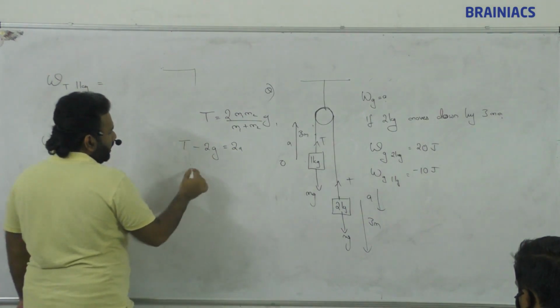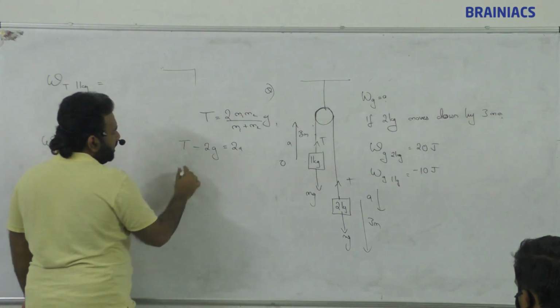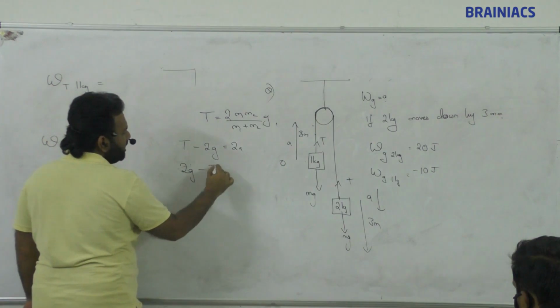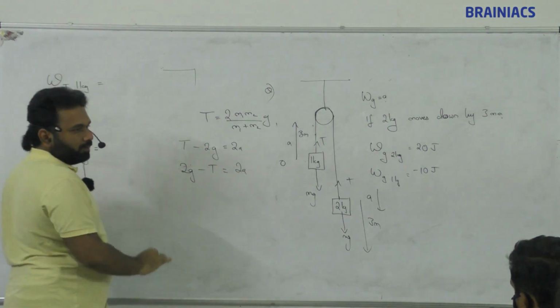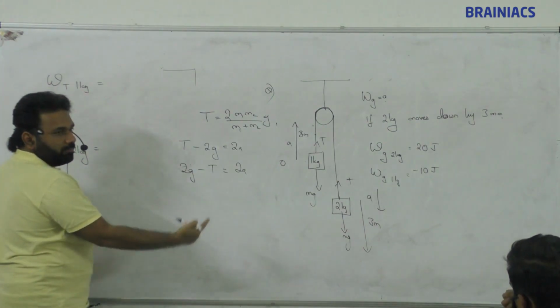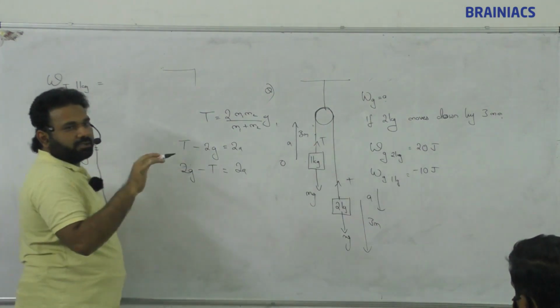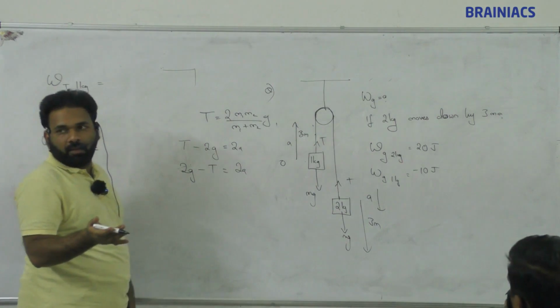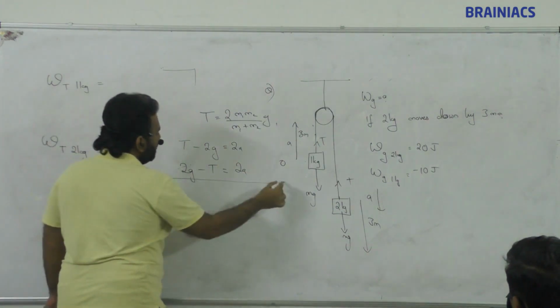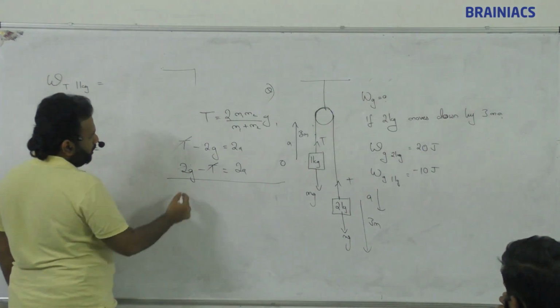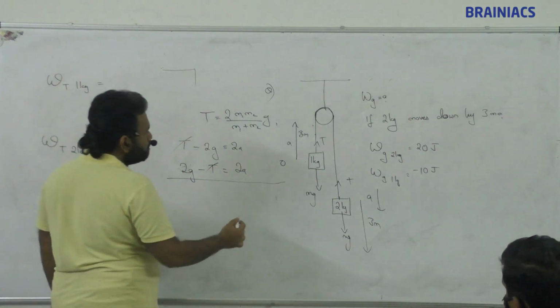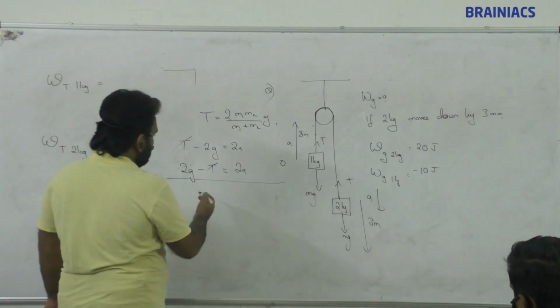That side, 3g minus T is equal to 2a. In which direction acceleration? That force will be more. So if we add them, this T will be cancelled off.